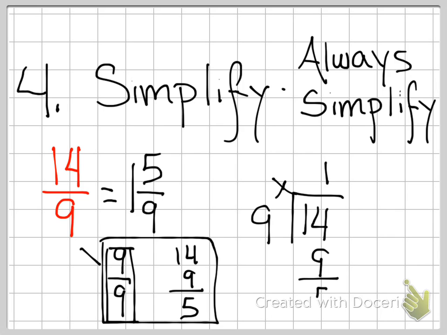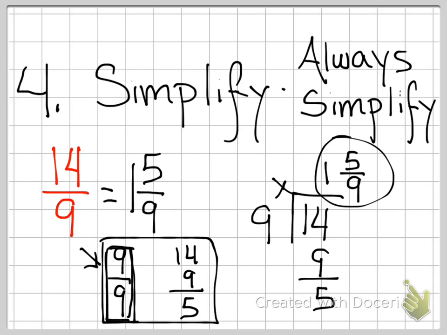And what am I left with? 5. 5 what? 5 ninths, right? So division is the best way to simplify an improper fraction, right? If you are confused about what to do, though, just remember you're taking out whole numbers. And that's where the numerator and the denominator are the same. And there you go. You have simplified that problem.